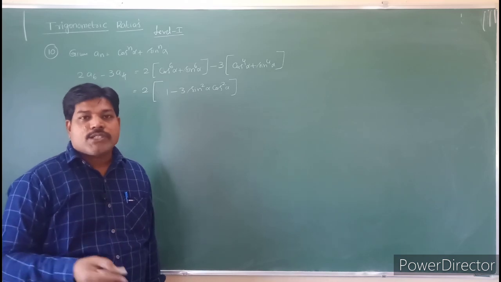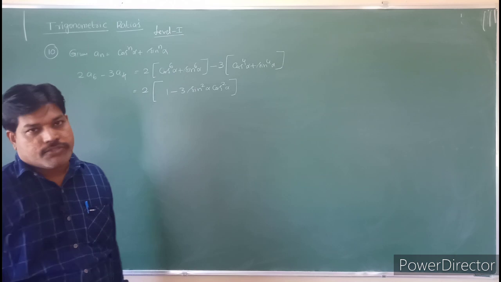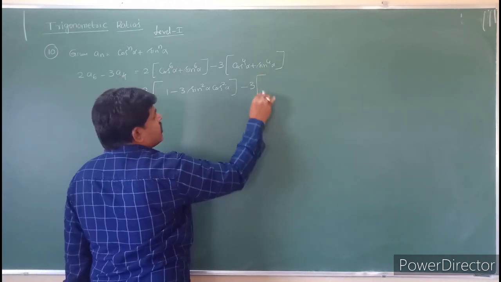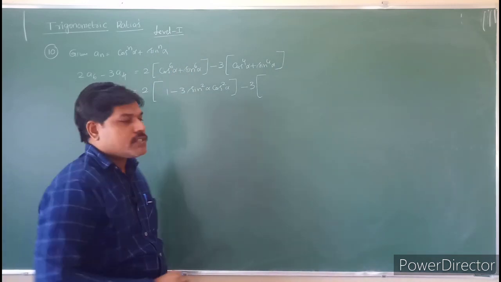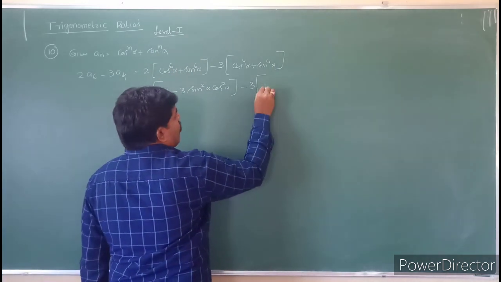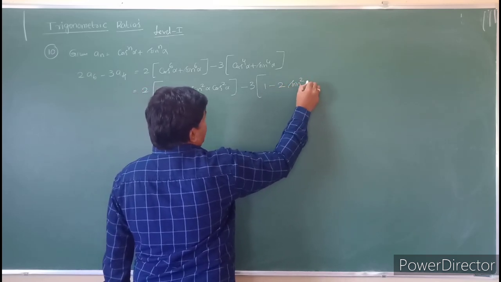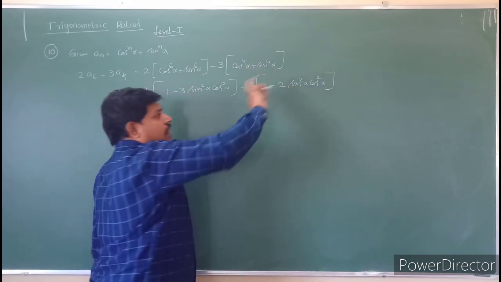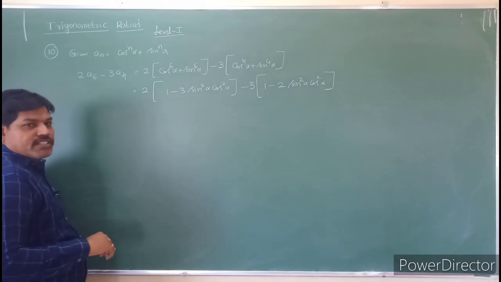Then minus 3 into cos power 4 alpha plus sin power 4 alpha, which is 1 minus 2 sin square alpha into cos square alpha. This formula and its proof I have also given, see that in the previous class.